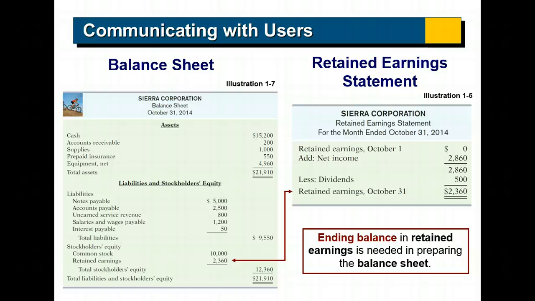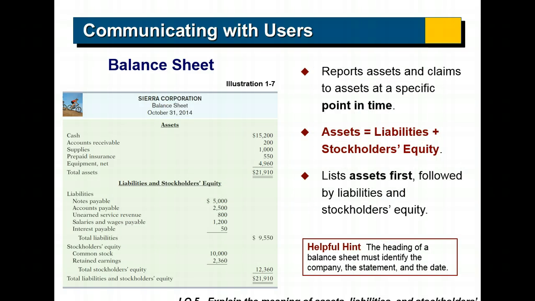So do you see how the financial statements flow into each other? The net income from the income statement flows to the retained earnings statement, then flows to a section in the balance sheet that is listed as retained earnings there. Okay? Make sense?